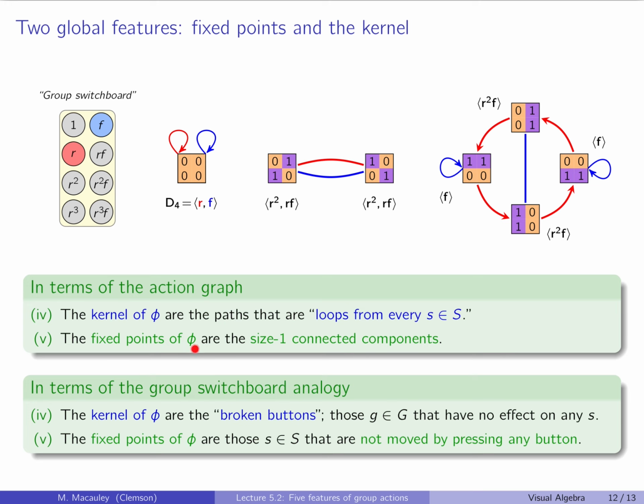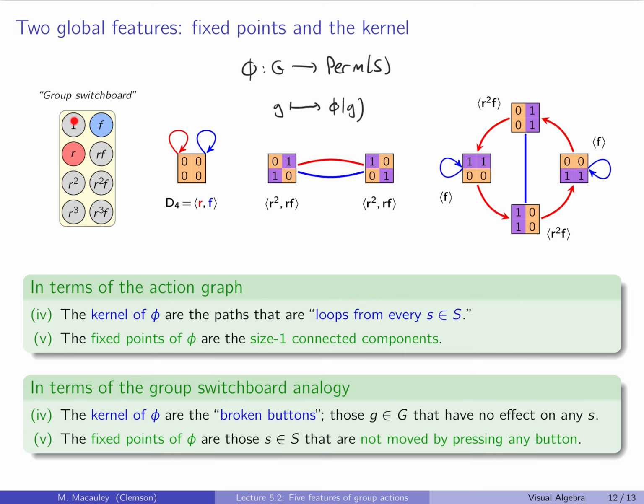The fixed points of phi are just the size 1 connected components. That's easy to see. This is a fixed point because it's a size 1 component. As before, I still prefer the group switchboard analogy. Well, except for the fixed points is pretty easy to see this one. But the kernel of phi, it's just the broken buttons. It's which buttons, when you press it, does nothing move. So remember, our action is defined via a homomorphism from G to the permutations of S. And when I take a button and I press it, what permutation do I get?